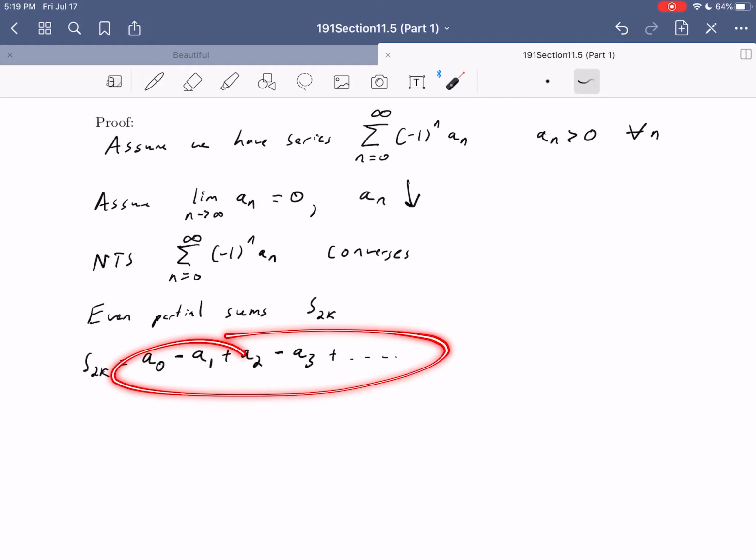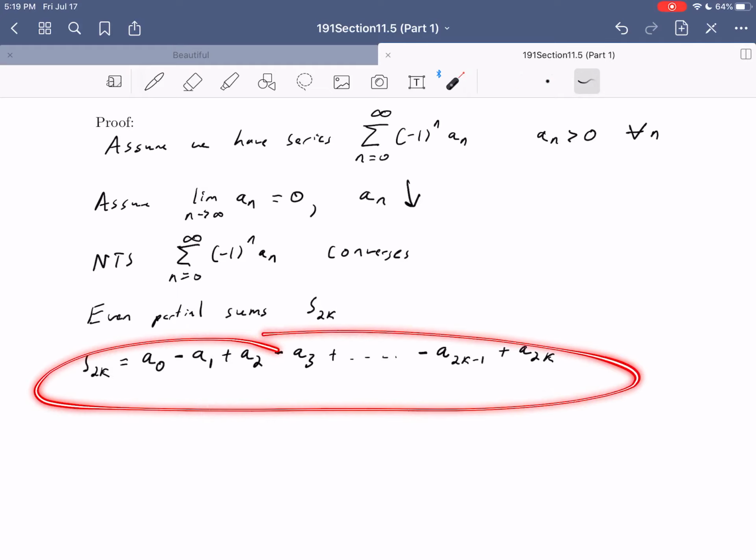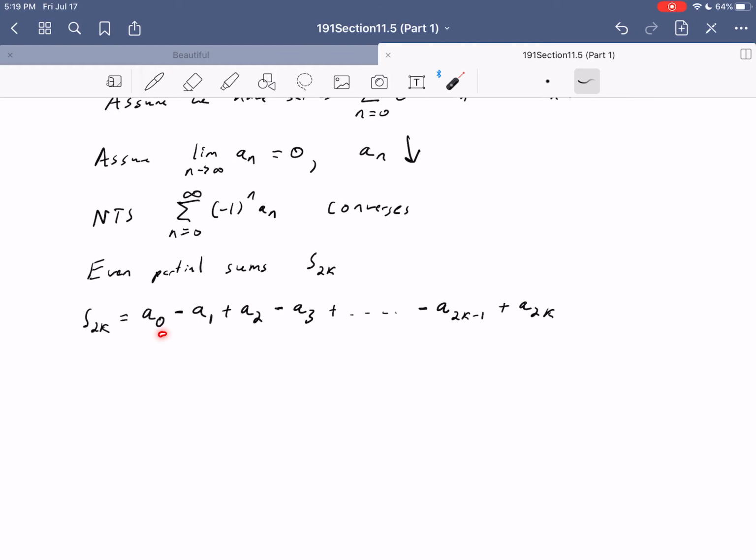And of course, at the very end, it would end with minus a sub 2k minus 1, and then plus a sub 2k. So that's what the even partial sums would look like.